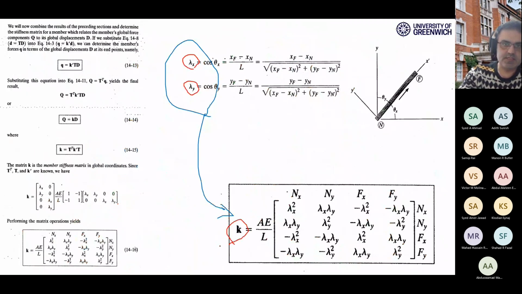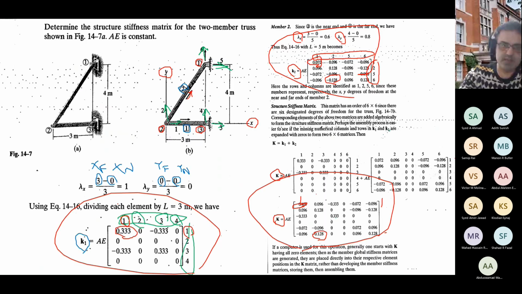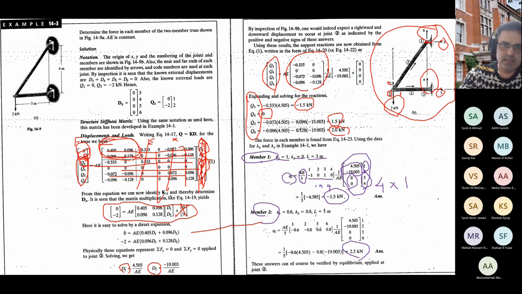We are just using this matrix again by calculating lambda x and lambda y just to come up with some sort of stiffness matrix for each individual element.